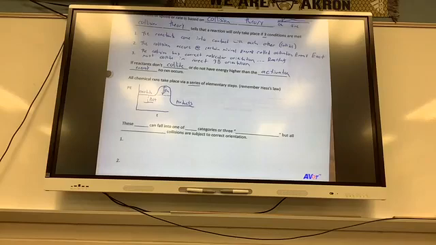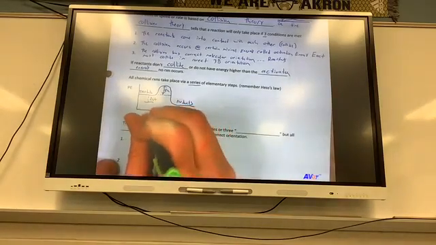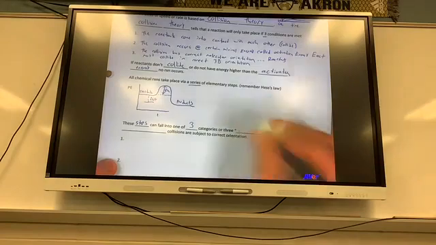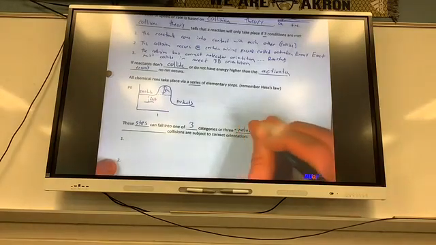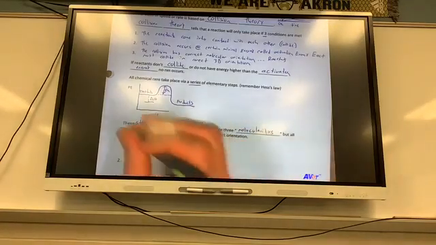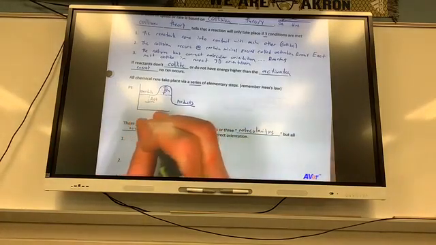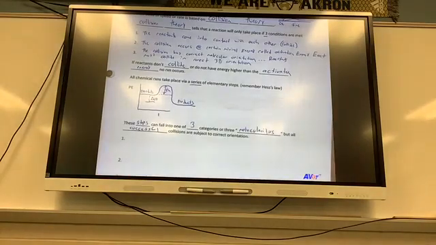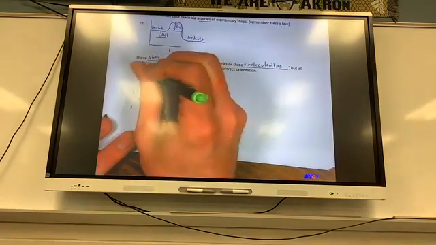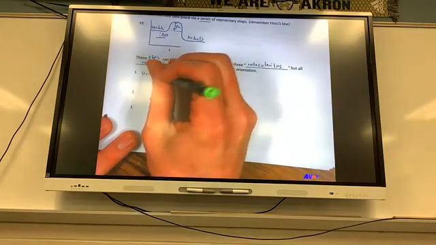Okay. So these steps that we're talking about, these elementary steps, can fall into 3 categories or 3 molecularities. But all successful collisions are subject to the correct orientation. So number 1 is called unimolecular. 1 molecule.